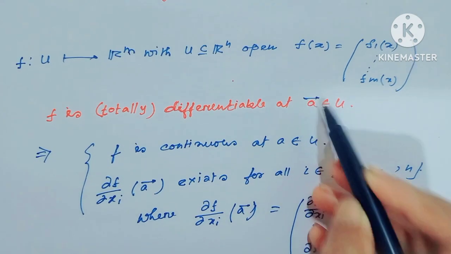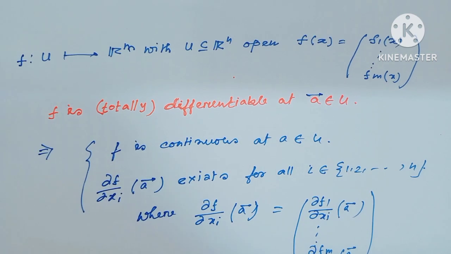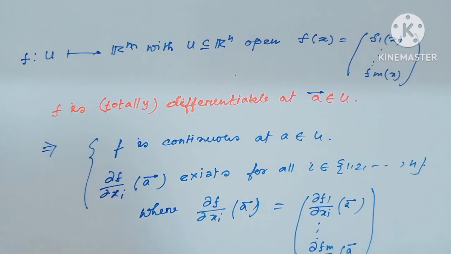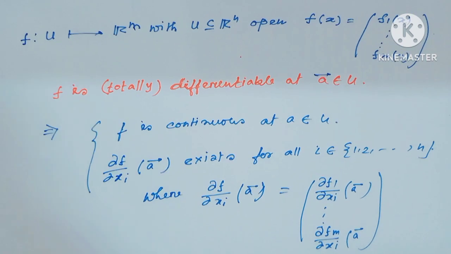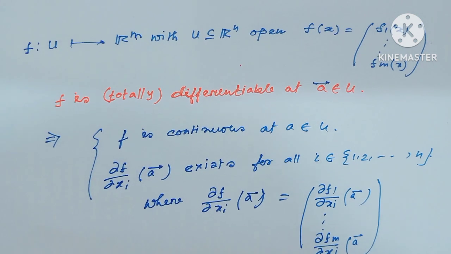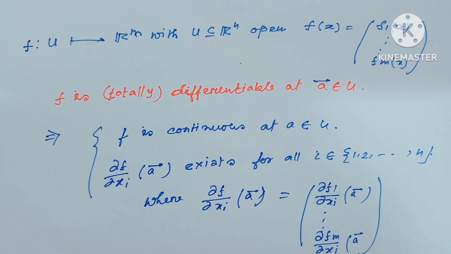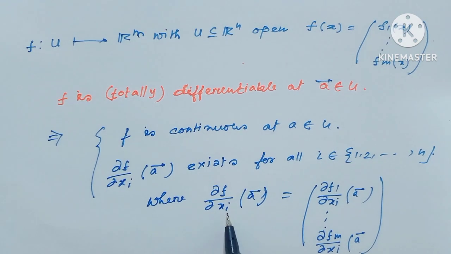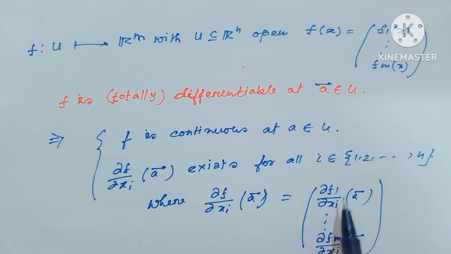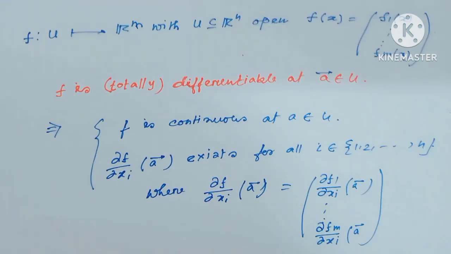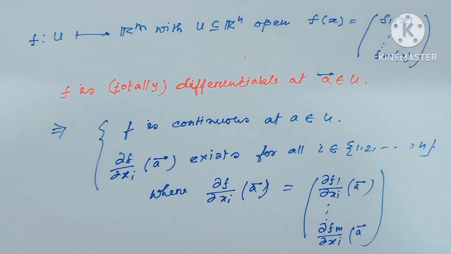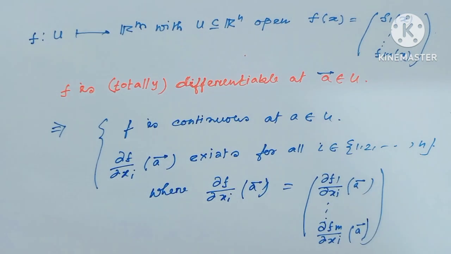Here obviously a means a vector belonging to U. Since f is totally differentiable at the point a, that means obviously f is continuous at this point, and all partial derivatives, meaning del f del xi at the point a, exist for all i from 1 to n. Since f has components f1 to fm, that means del f1 del xi at the point a up to del fm del xi at the point a exist.